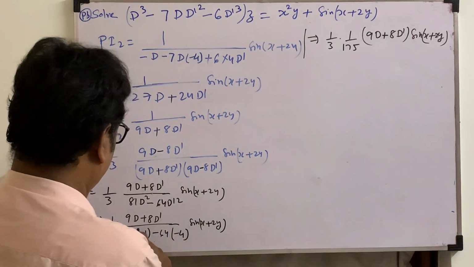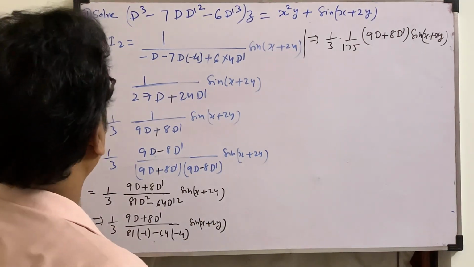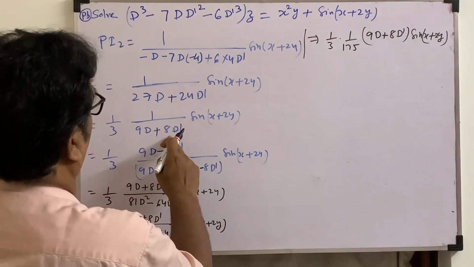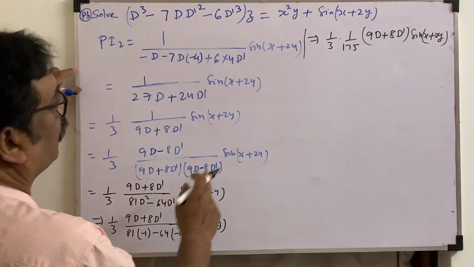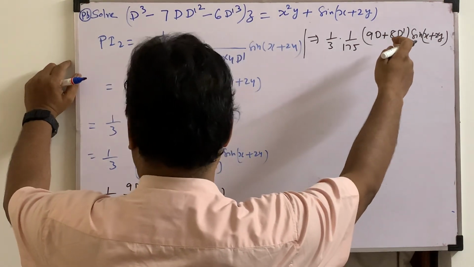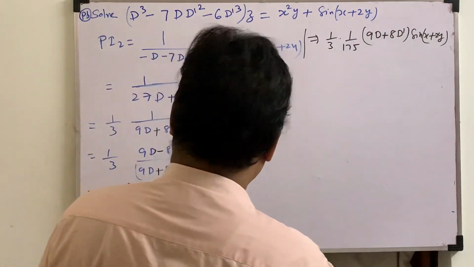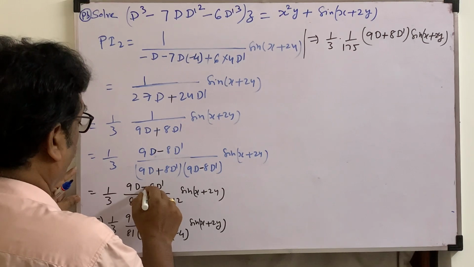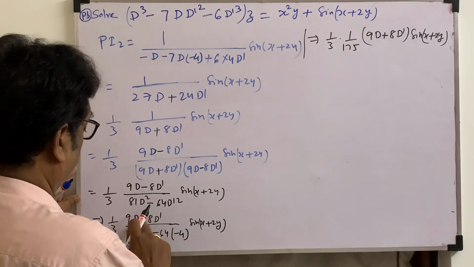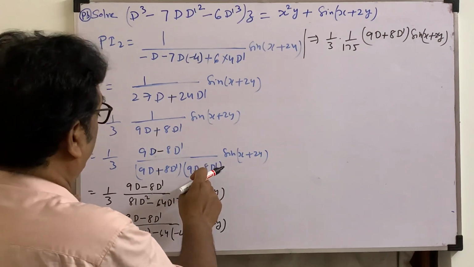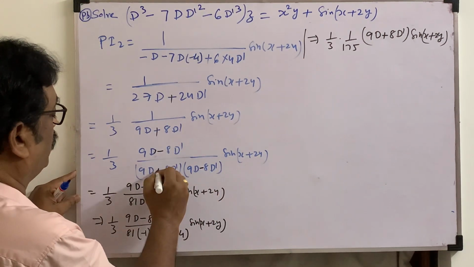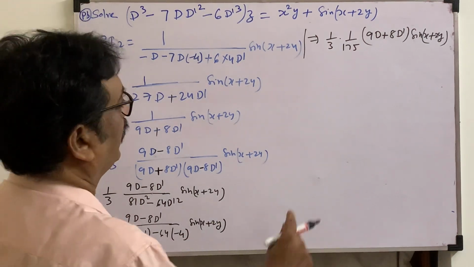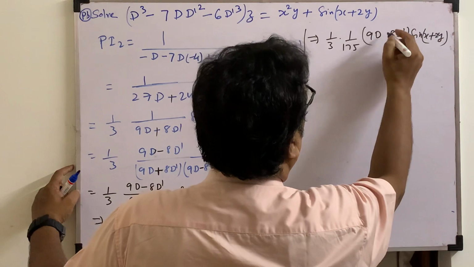So this is the minus. This will be plus. Now, I think so. 9D plus 8D dash, this conjugate will be minus. So this will be minus, and this will be minus here.